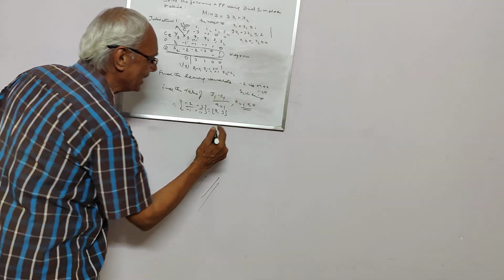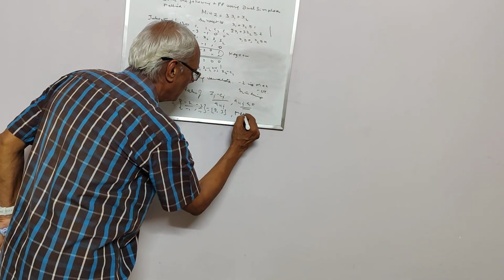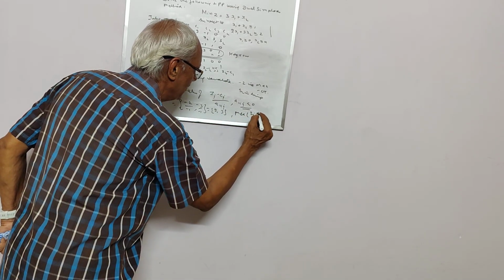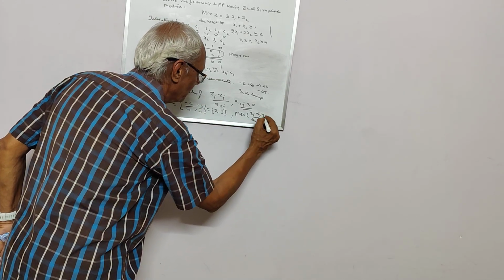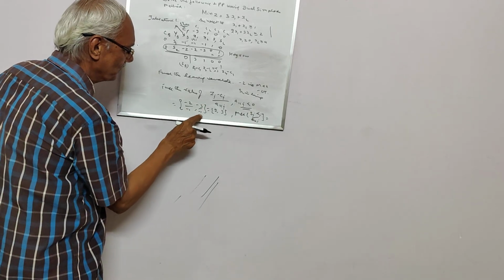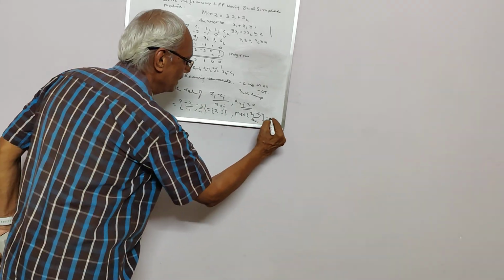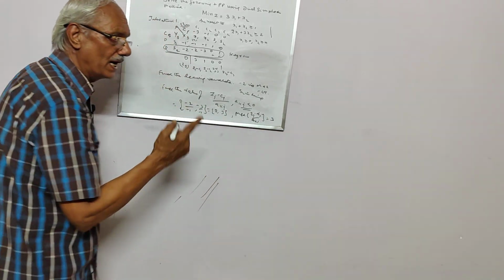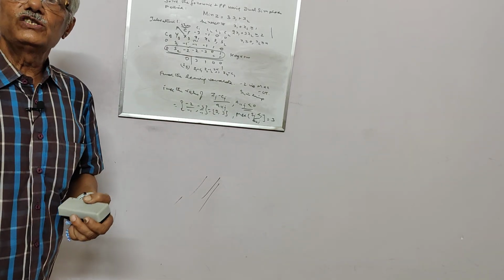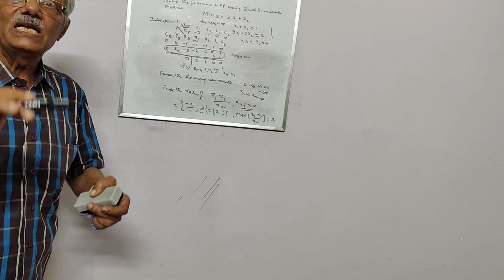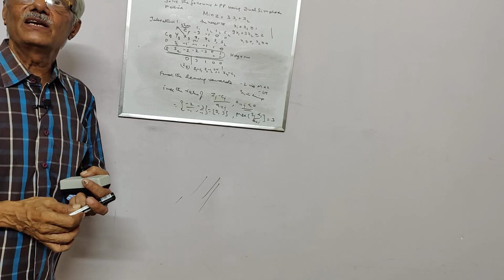Now you choose the maximum. Max of Zj minus Cj divided by Akj. What is the maximum of this? 2 and 3. Which is your maximum? 3 is maximum. So corresponding to this 3, whichever is your column, that variable is the entering variable.